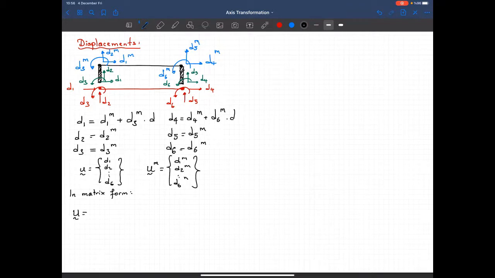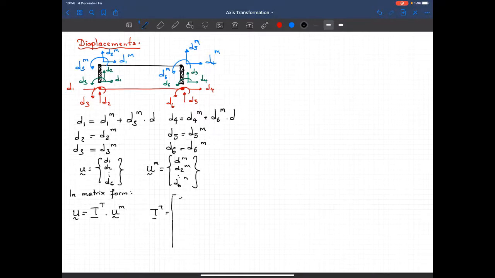U is equal to transformation matrix, I will just say that that's the transpose of it, multiplied by UM, and T transpose will be then equal to, I will just write these equations in matrix form.